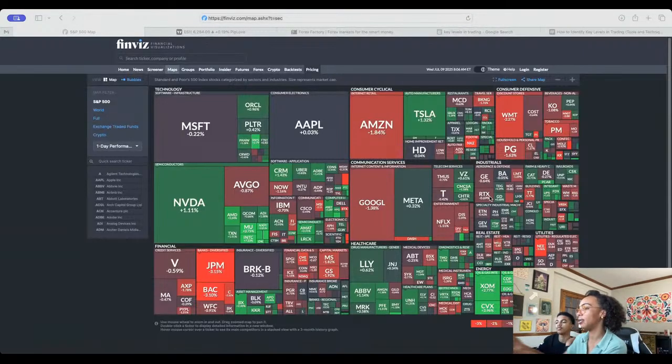And they let you know if it's red, that means that something is selling. If something's green, that means it's buying. But overall, this is a snapshot of that index. So does this look overall red or green? I know it's mixed, but what are you seeing more? Green, looking a little bit more green.